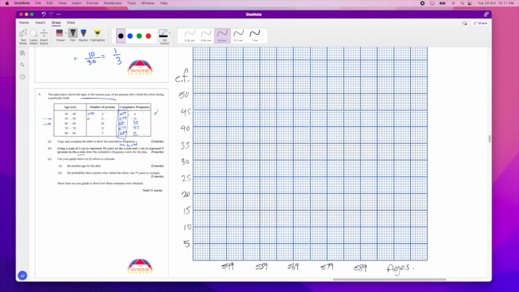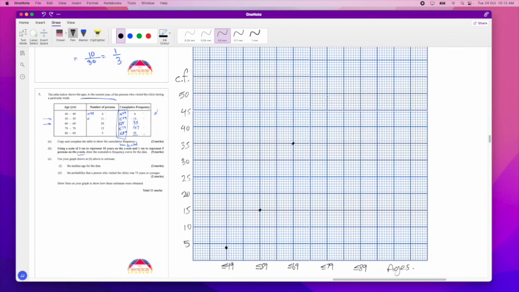So 49, so less than 49 we have 4 students. So 1, 2, 3, 4, 5. So let's put 4 students at about there. 59 should be around 15 students here. 69 should be 35 students here. 79 years should be 47 students, so we'll put 47 about there.